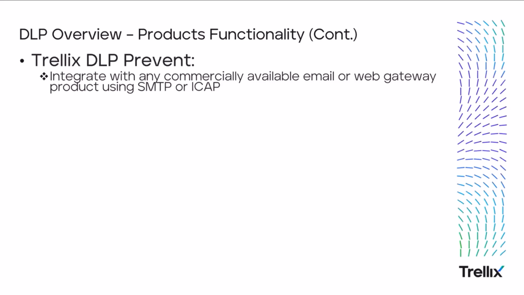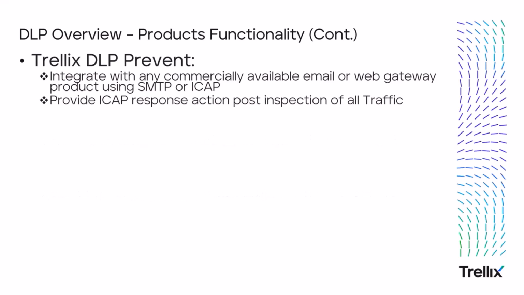Without any of this traffic, Prevent is a standalone hardware or VM. Only the web gateway or the email server should route the traffic to Prevent. When web traffic is received in ICAP protocol, Prevent will analyze the traffic and send a response to the web gateway, based on which the web gateway will block that specific traffic.